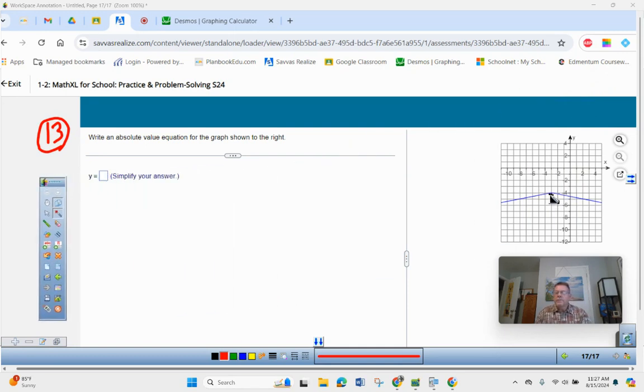Okay. So let's get some points here. This first point is -3, -4. So the vertex there is -3, -4. All right.